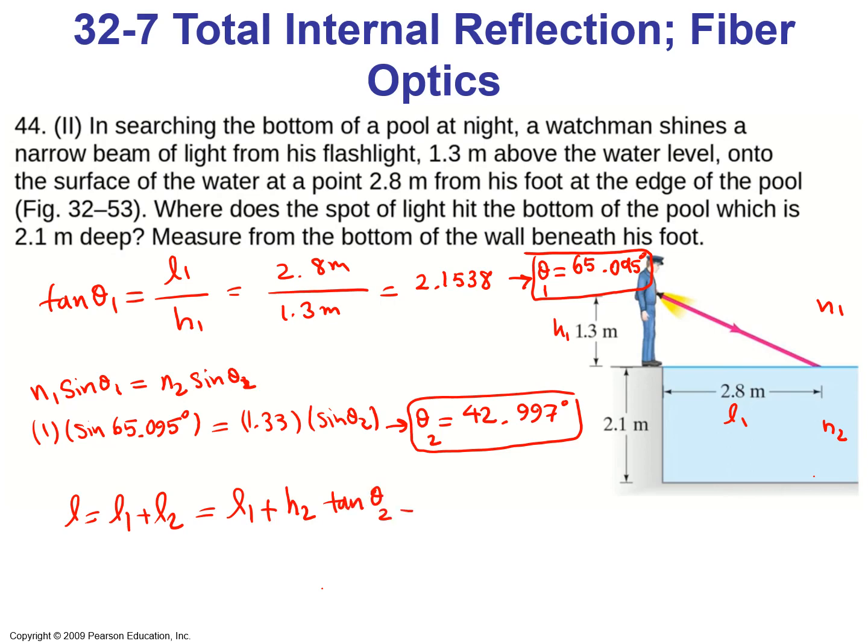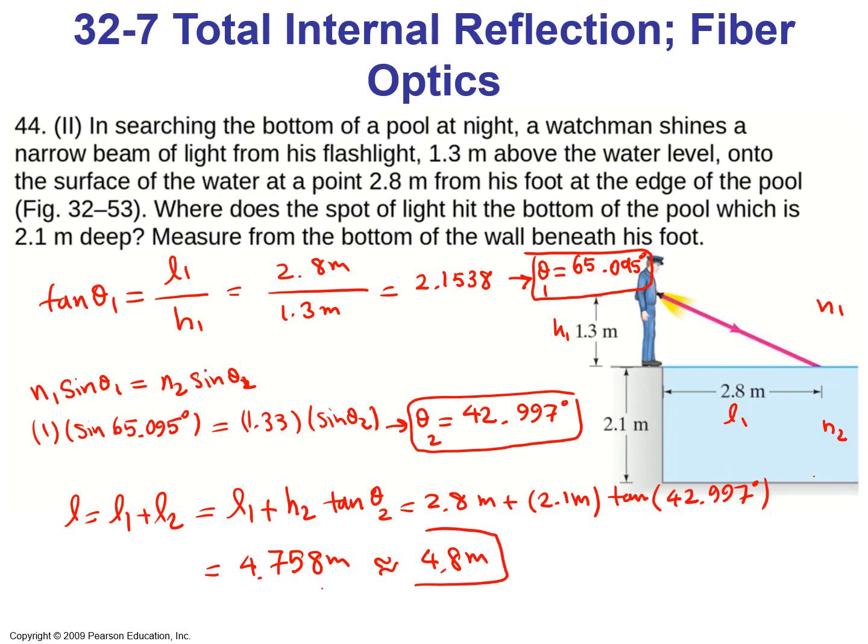That is equal to 2.8 meter plus 2.1 meter multiplied by tangent of 42.997 degrees. And that gives us 4.758 meter, almost 4.8 meter away from the edge of the pool.